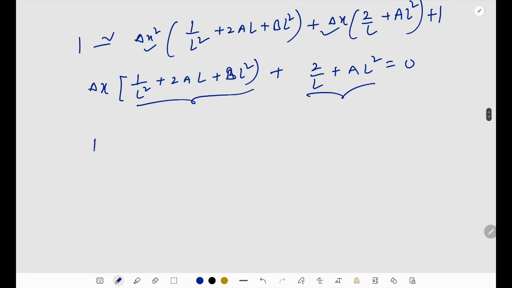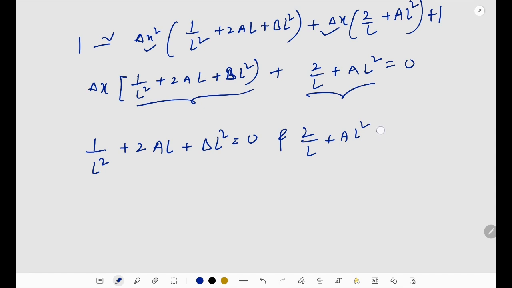That you could write here simply as 1 by L square, because if two positive terms sum to 0, nothing is negative here. So 1 by L square plus 2AL plus BL square must be 0, and separately 2 by L plus AL square must be equal to 0.